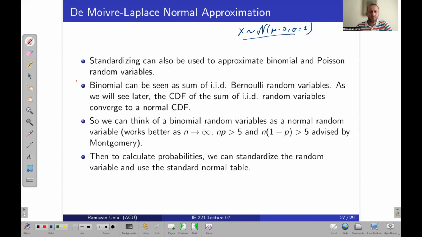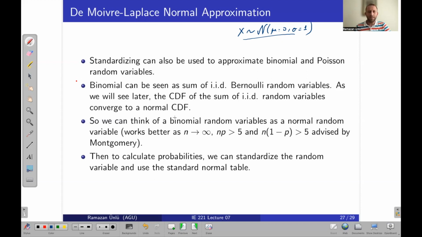And this standardizing can also be used to approximate the binomial and the Poisson random variables. Remember that the binomial can be seen as a sum of independent, identically distributed Bernoulli random variables, okay? And as we will see later, the cumulative distribution function of the sum of independent, identically distributed random variables converges to a normal CDF.